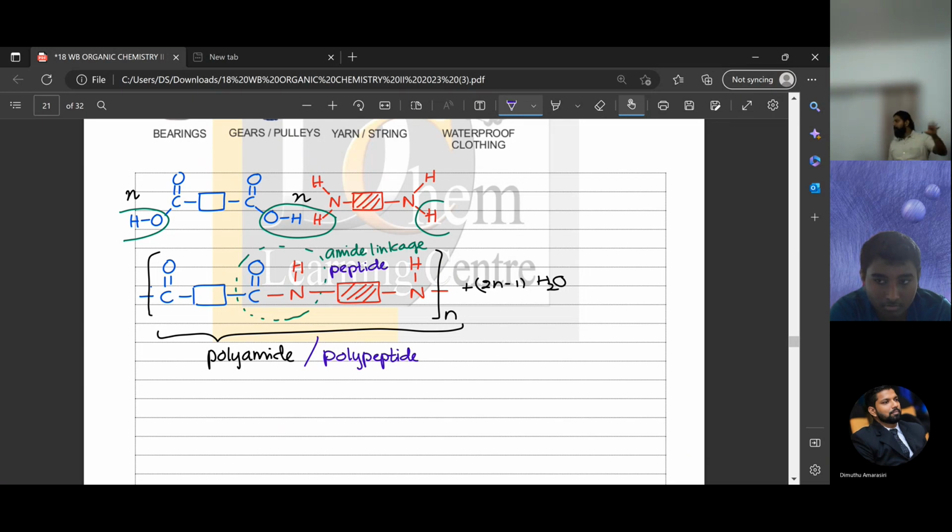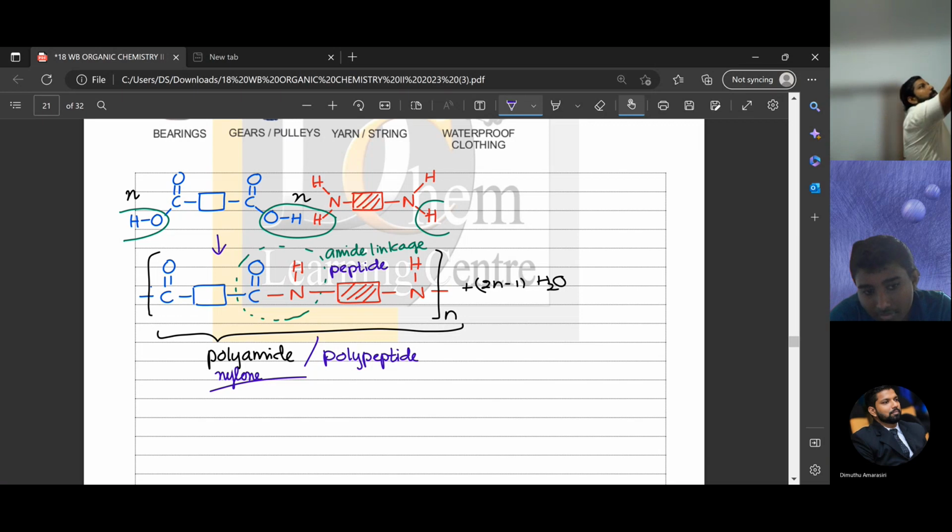Not exactly, but in some way this is the structure of a polypeptide, but proteins are not like this. We'll be learning separately. And the well-known polyamide is nylon. Proteins are also polypeptides. Nylon is also a polypeptide. Is that clear?